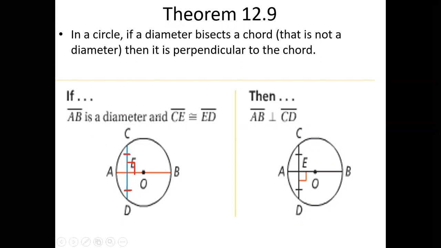That is, if AB is a diameter and it is cutting the chord CD into equal halves, that is, CE is equal in measure to ED, then AB, the diameter, will surely be perpendicular to the chord CD. I hope the theorems are clear.